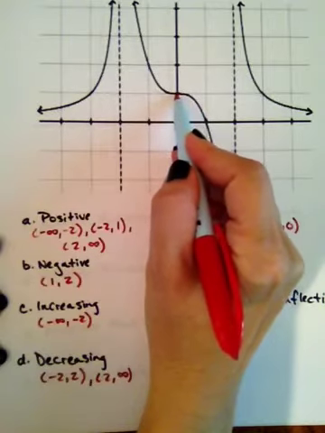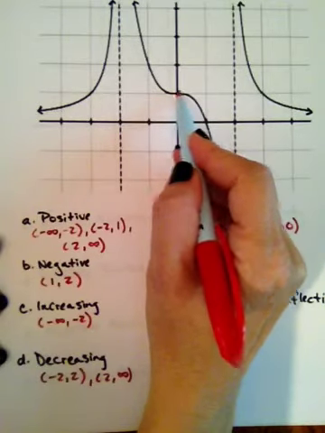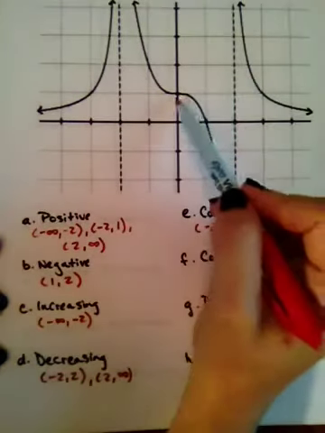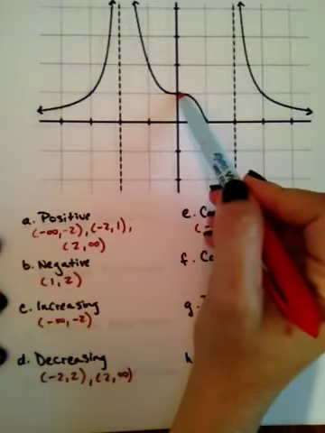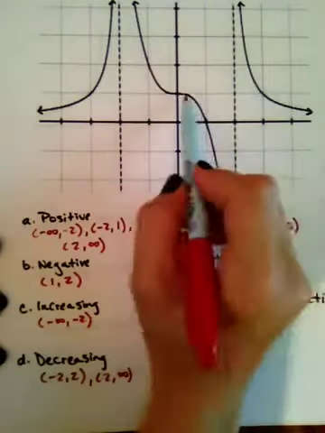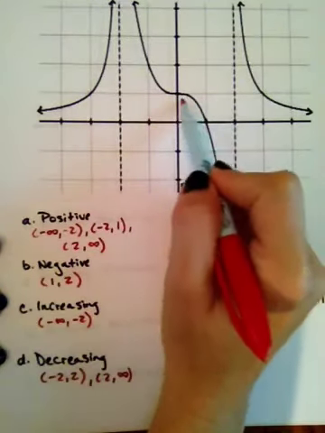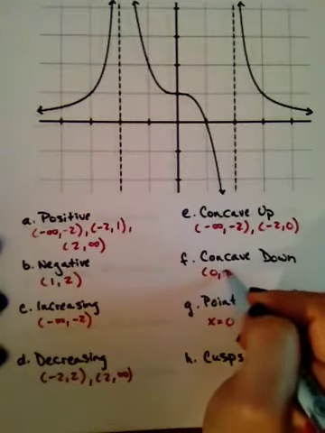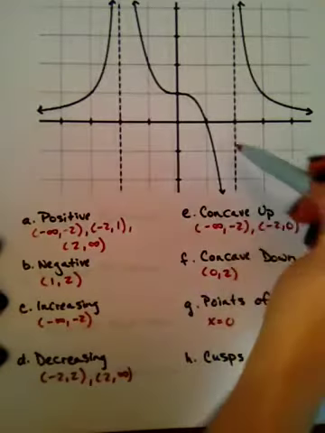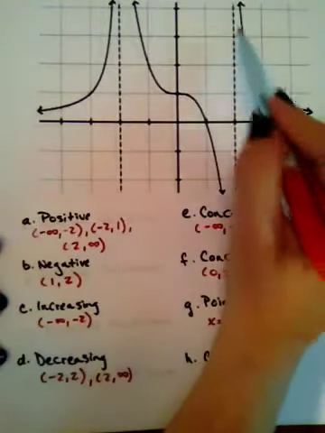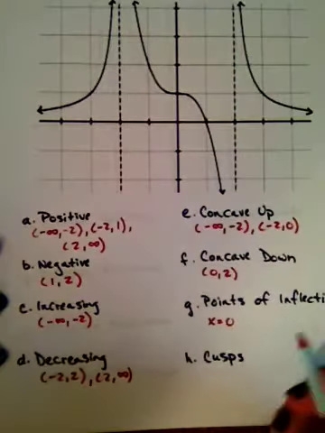This is a point of inflection where you change concavity, so I'm going to say x equals 0. And it's a special kind. Some people call them a saddle point. They're the easy kinds of points of inflection to actually spot. So from 0 to 2, it's bowl shape down. Then we look to the right of this asymptote, and we're back to bowl shape up. So concave up from 2 to infinity.